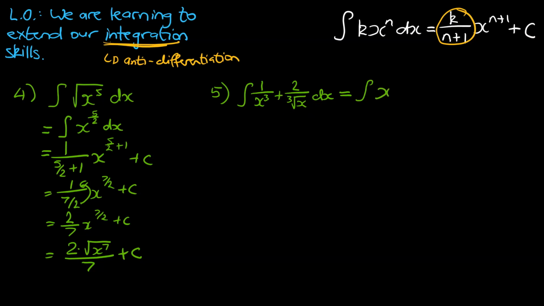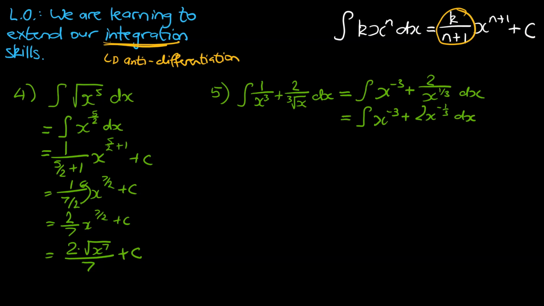So that's going to be x to the power of negative 3 plus 2 divided by x to the power of 1/3 dx. We've still got an issue. We've got an x on the bottom, which we're not big fans of. So we're going to change that again. So that's going to be the integral of x to the power of negative 3 plus 2x to the power of negative 1/3 dx.